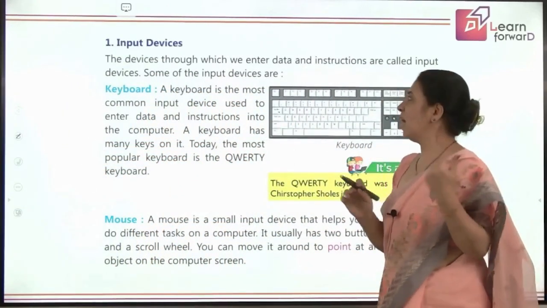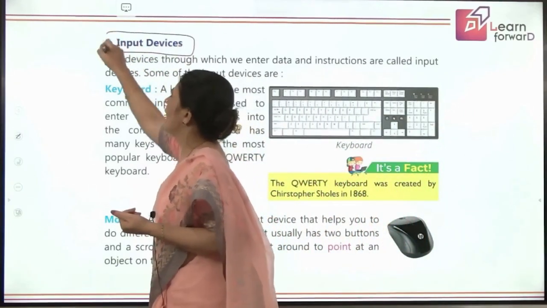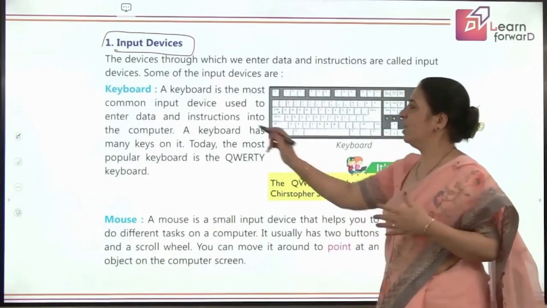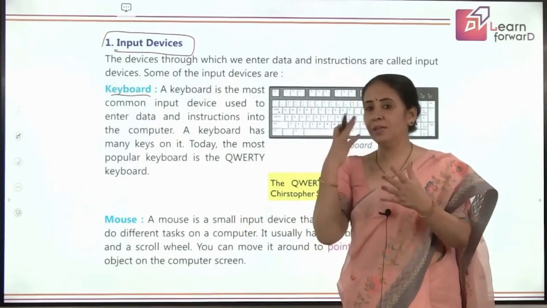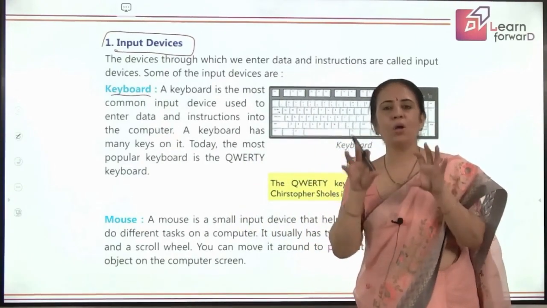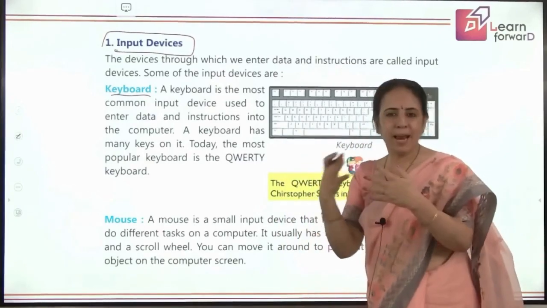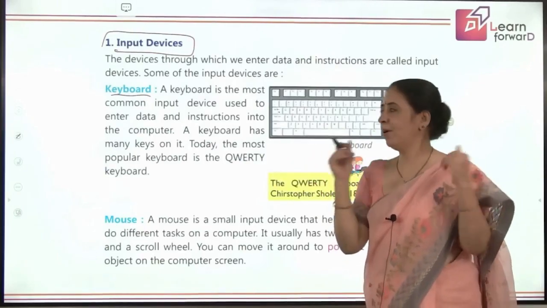We are starting with different input devices which are attached to the computer, and the first one we take is the keyboard. So when you talk about input devices, the devices which are used to give some instructions, some data to the computer, we say it is the input device.